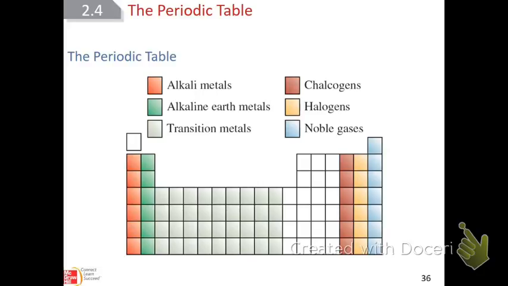They are by far the most important family of metals because they are the most active group of metals. And then right beside them in this green in this slide are the alkaline earth metals.